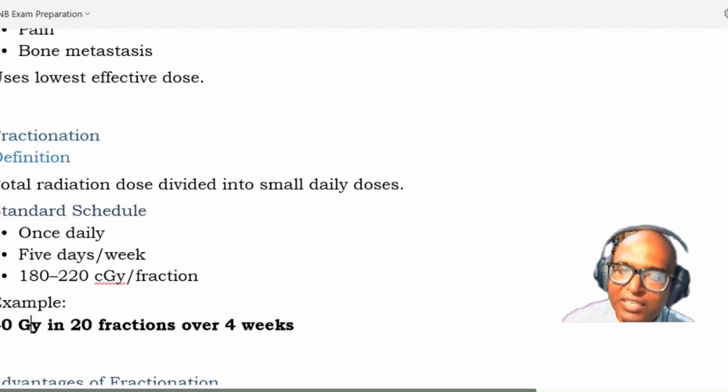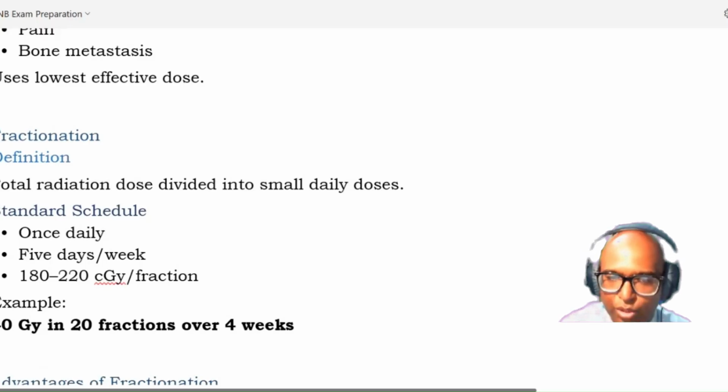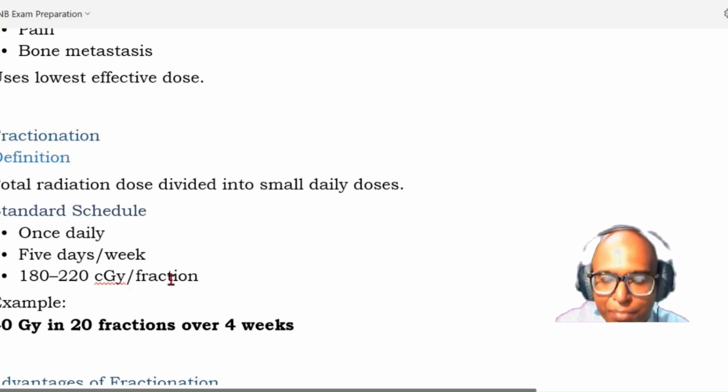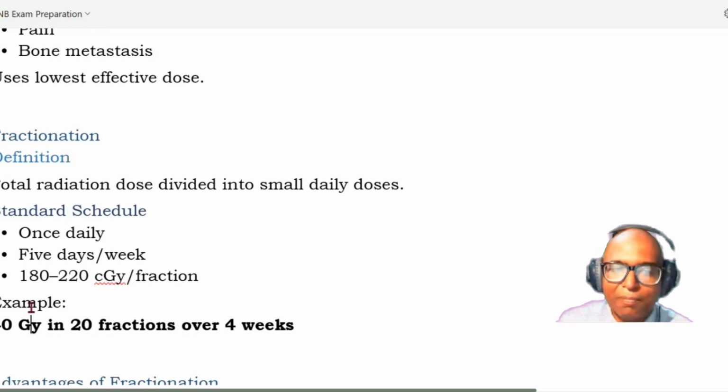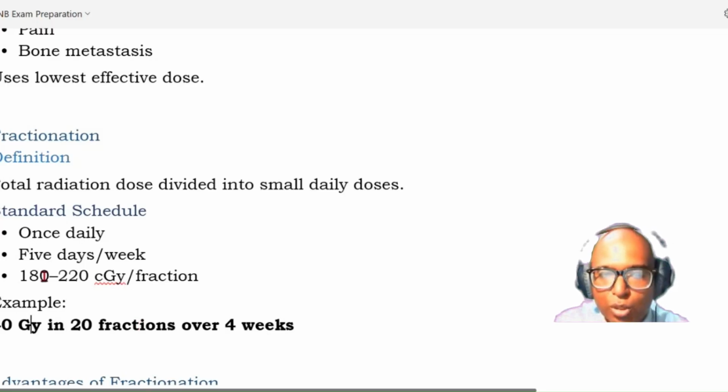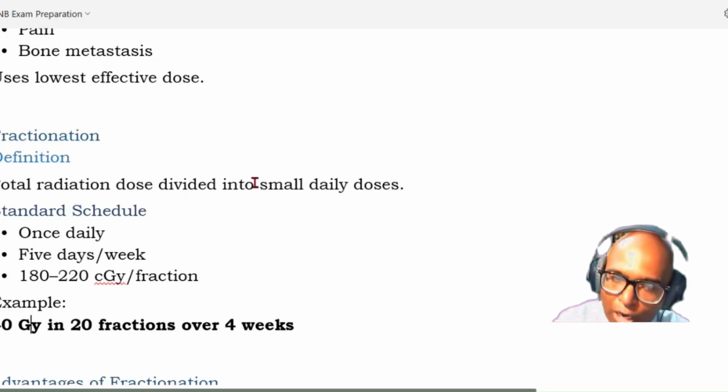Okay, so you will have a standard schedule that will be once daily, 5 days per week, or 180 to 220 centigray per fraction. Okay, so an example is 40 gray in 20 fractions over 4 weeks. Okay, so that is how the dose is distributed. So that is called fractionation. So total radiation dose is divided into small daily doses.